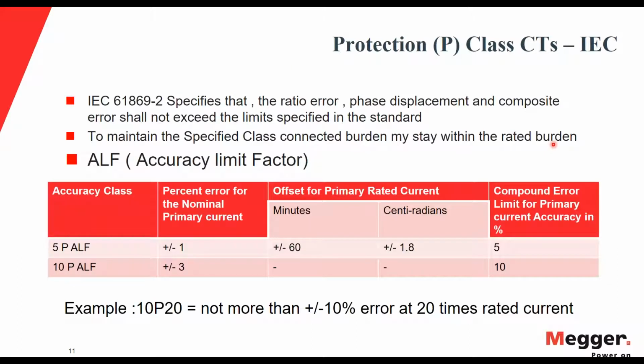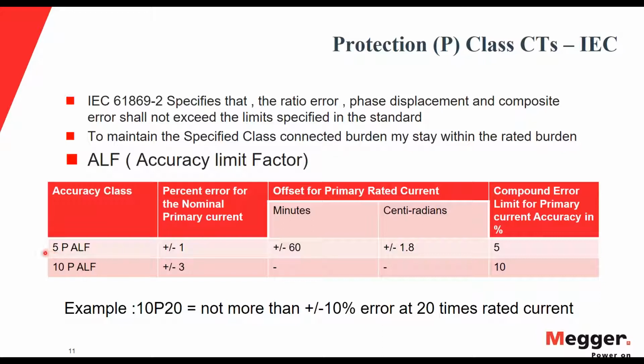So starting with the B classification, the standard specifies the error, the phase displacement, and also the accuracy limiting factor. That's a very important thing. There are a couple of classes in this classification category.